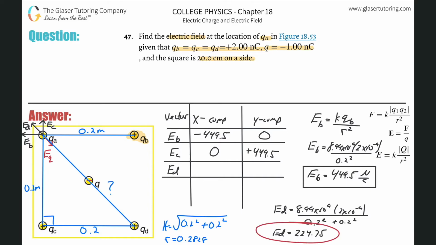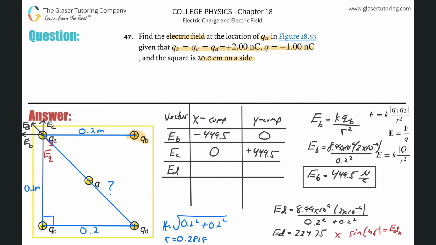So if this is the total vector and you have to find the x component, all we have to do is multiply this value by the sine or the cosine of 45. The sine or cosine of 45 is the exact same value, so it doesn't matter which one you choose. Multiply that by sine of 45, so it's 158.9. So the electric field produced by charge D in the x direction, I'm going to plug right into the table.